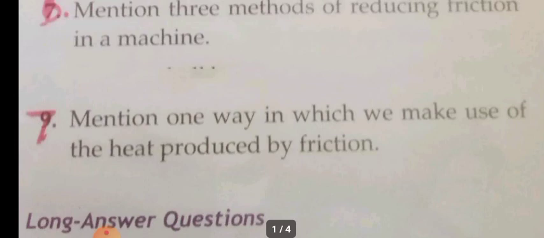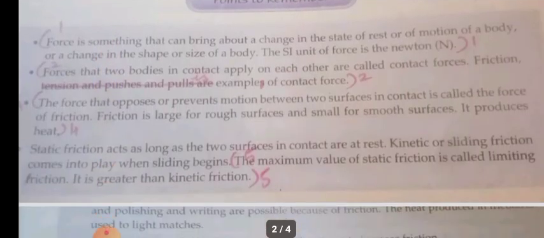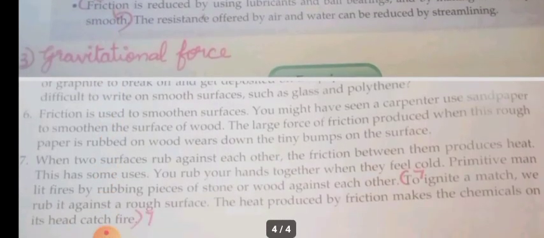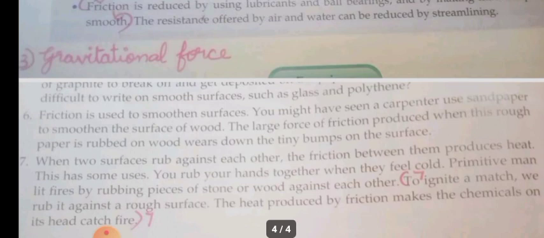So in what way is this frictional heat useful for us? To ignite a match, we rub it against a rough surface, isn't it? The heat produced by friction makes the chemicals on its head catch fire.